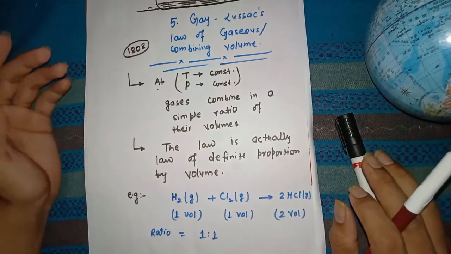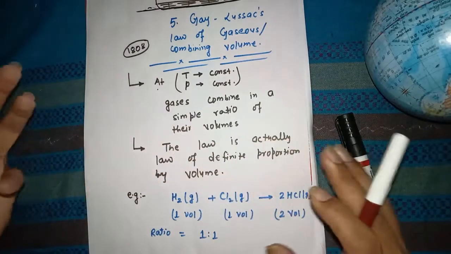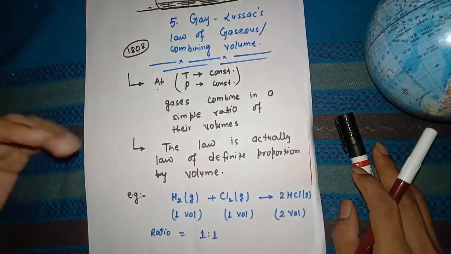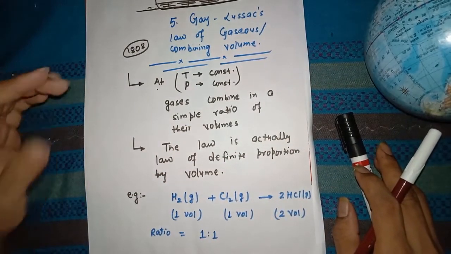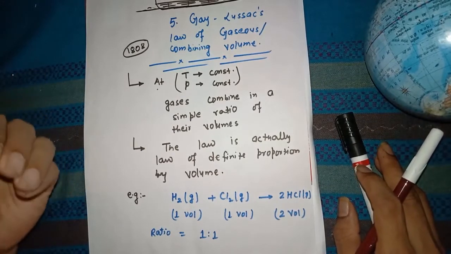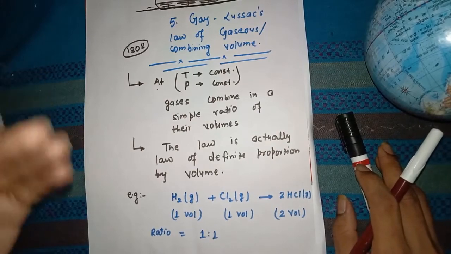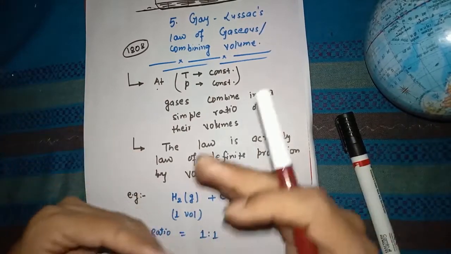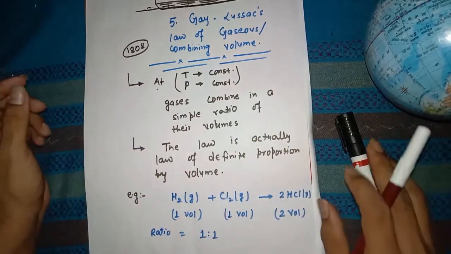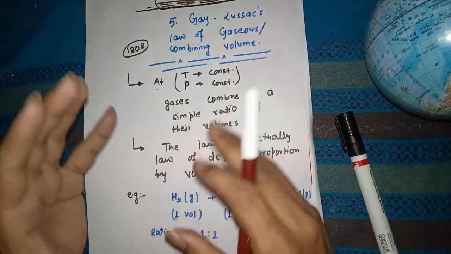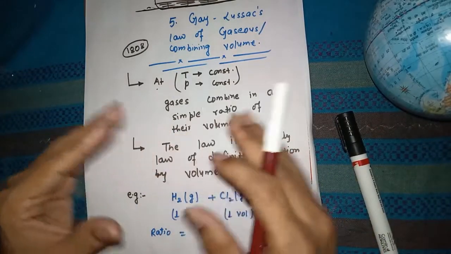It is similar to the law we have already learned, the law of definite proportion, also called the law of definite proportion by mass. But this law is actually the law of definite proportion by volume. Here you have to keep in mind that temperature and pressure must be constant.